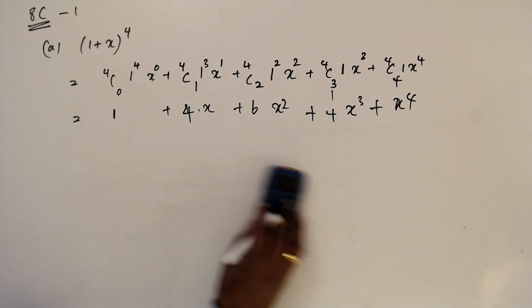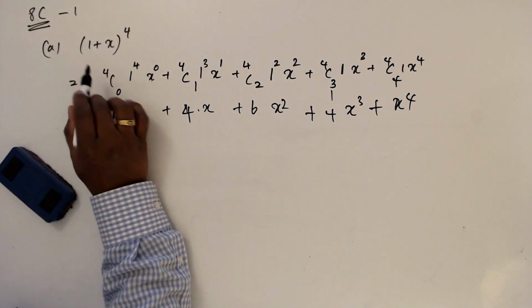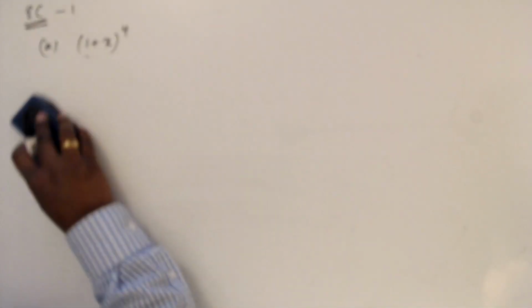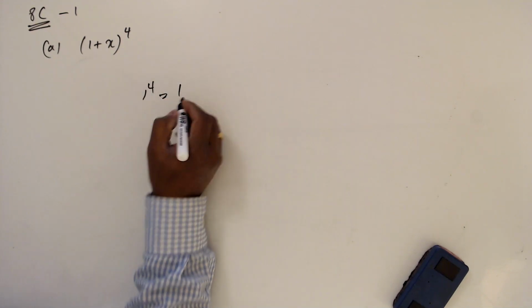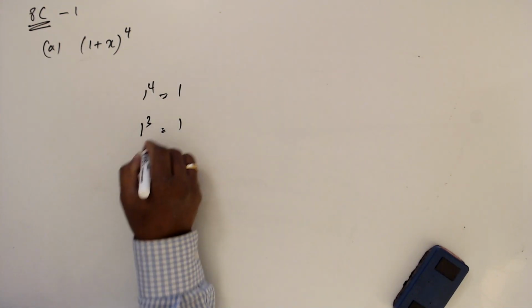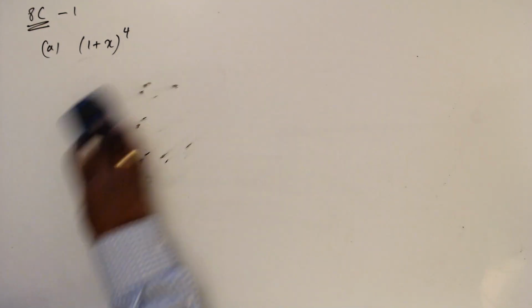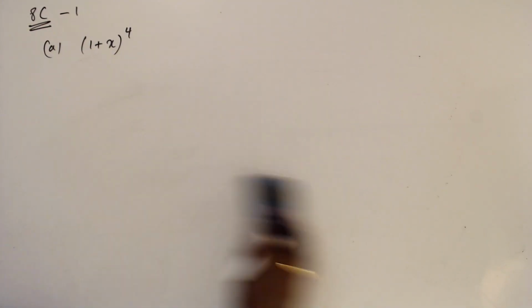There's a learning here. If this is 1 plus x, we can easily write it basically. Because we don't need to worry, 1 to the power 4 is also 1, 1 to the power 3 is also 1, 1 to the power 0 is also 1, 1 squared is also 1. If you have 1 here, you don't need to worry.